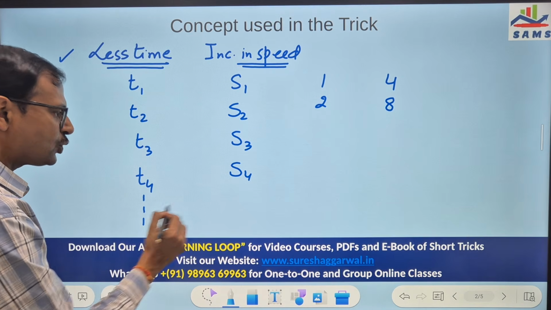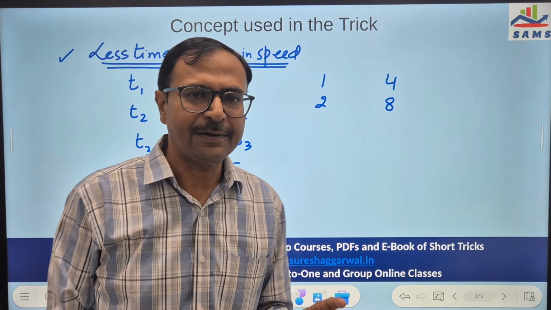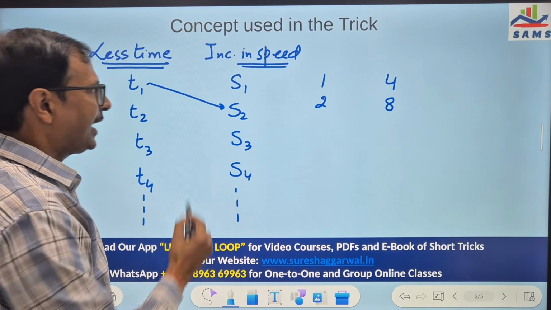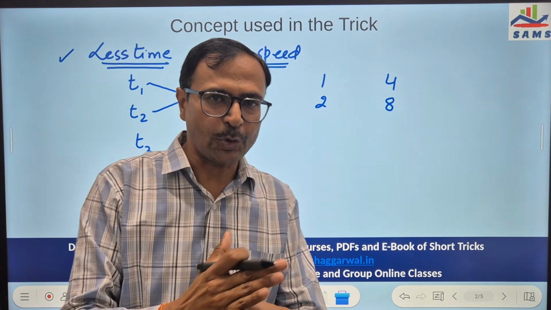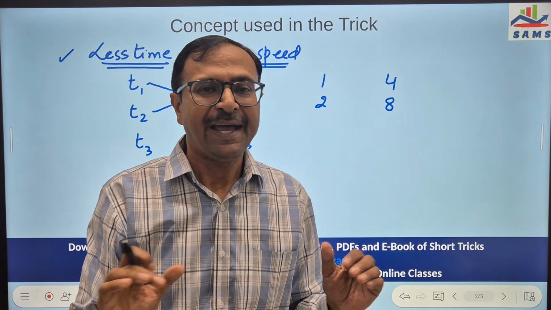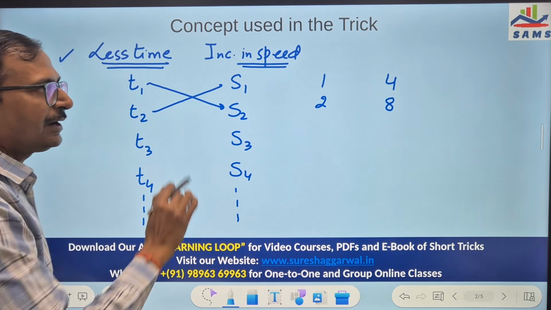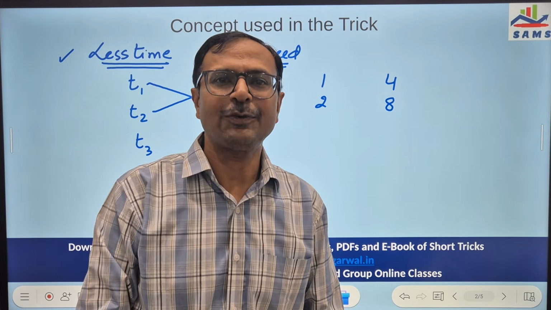Now how far should we write this? You will notice one very important thing here, that when you cross multiply this speed into time and like this speed into time, you are going to get the same product. You will observe that. And that product which you are obtaining has to be equal to the distance which is given in the question.